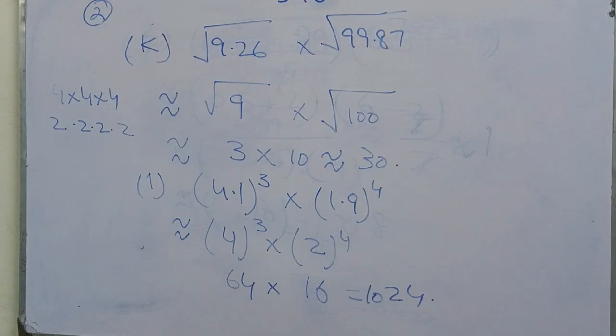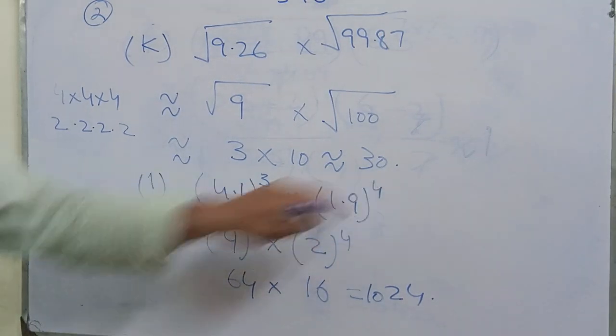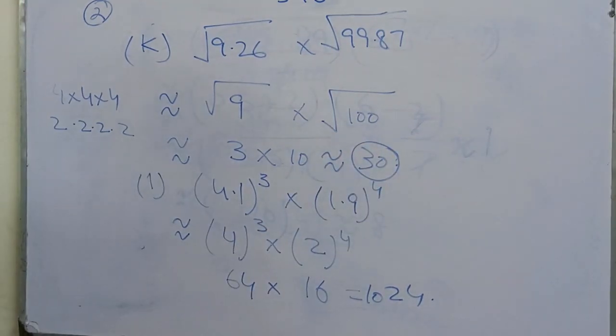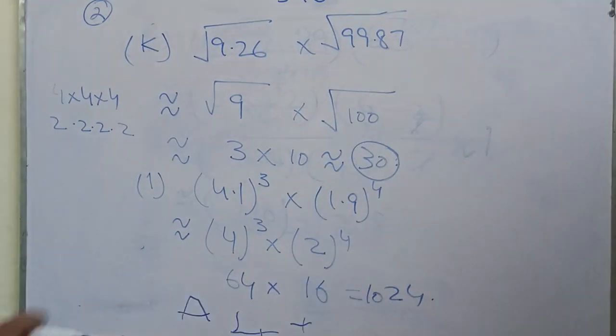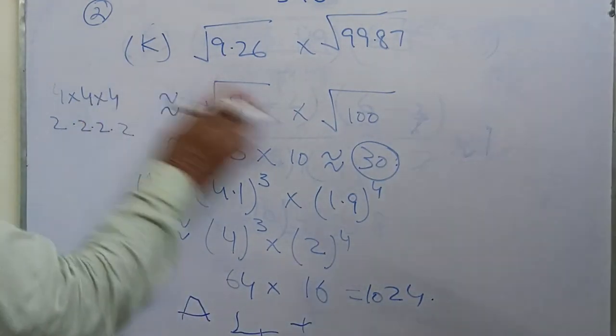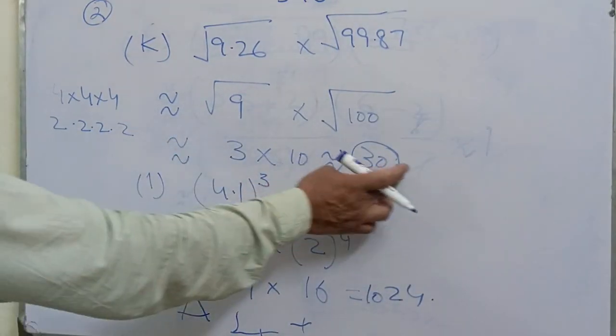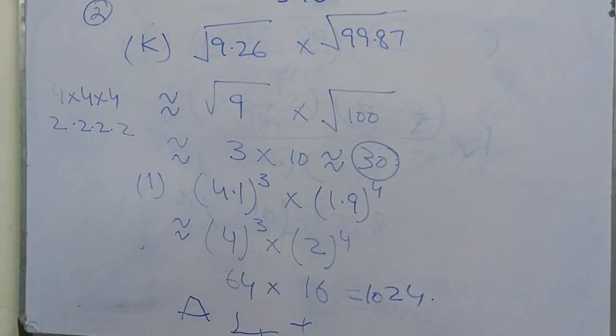What was the difference between the two? This is the estimated value. Now 30 is the estimated value, for example. Now let me do it with the calculator.